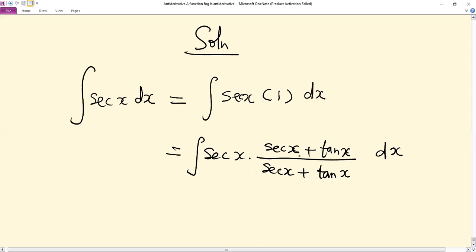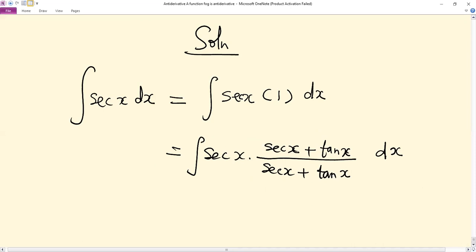But we are writing that 1 in a special way that will help us to get the notion of how the integrand looks like, and then how we can easily get the derivative of that given integrand.